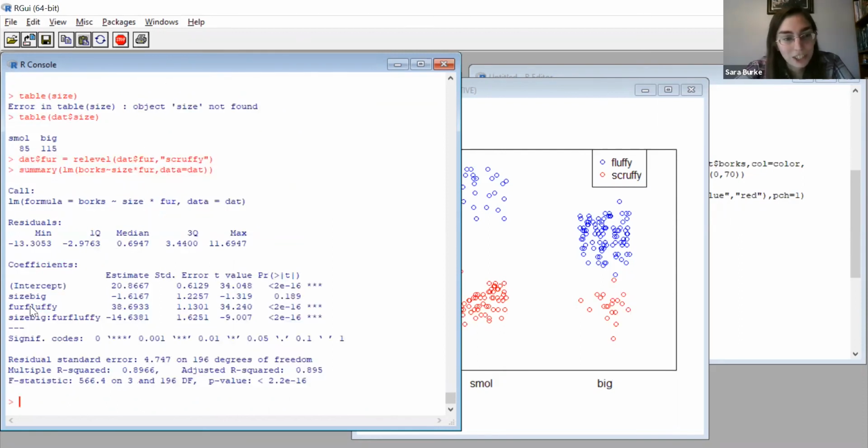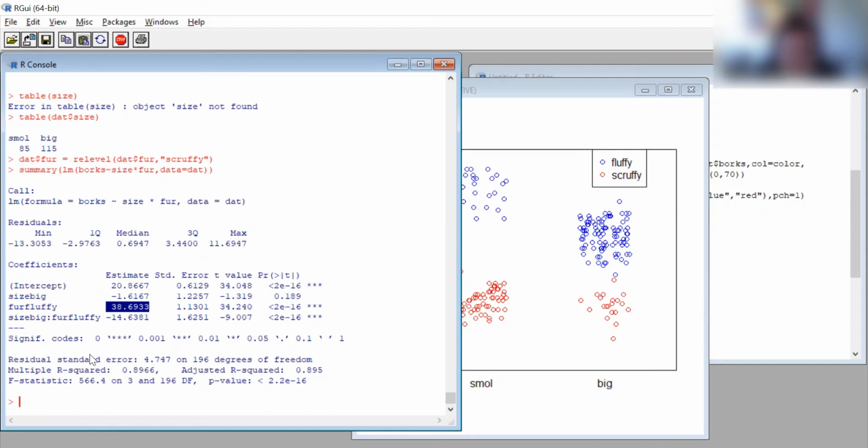Now I've changed the reference category to scruffy. What's the result? So when you're comparing fluffy and scruffy, the sign just changed, right? Yes, the sign just changed, because you only changed the comparison for the fur variable.